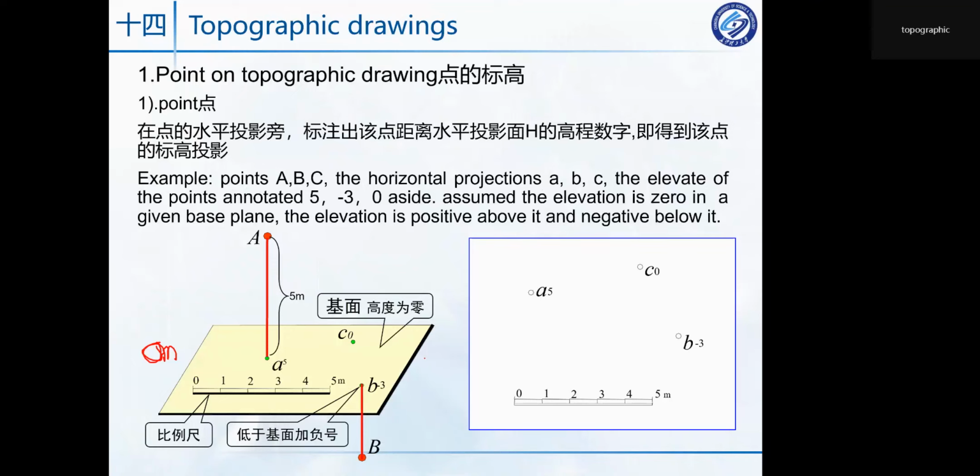If you draw the contour maps of the Netherlands, you will always write the minus level. So not all places are above the zero elevation. Now I think it's easy for you to understand this problem.